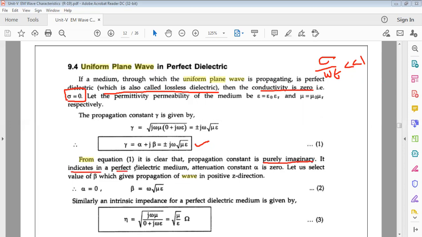It indicates that in a perfect dielectric medium, the attenuation constant is 0, and the value of beta, which propagates the wave in the positive z direction, with alpha equal to 0, is beta equal to omega under root of mu epsilon. Similarly, the intrinsic impedance in the perfect dielectric medium, with sigma equal to 0, is eta equal to under root of mu by epsilon.